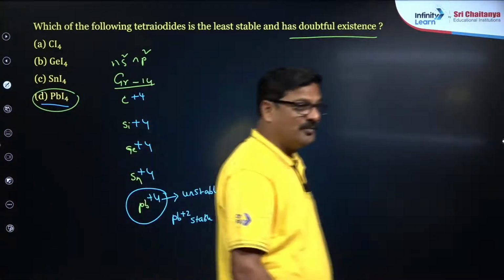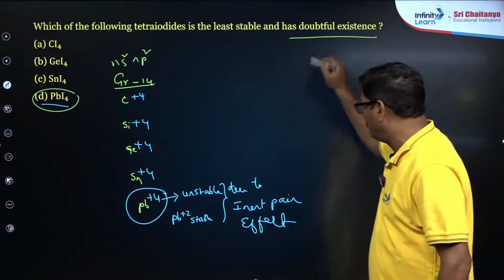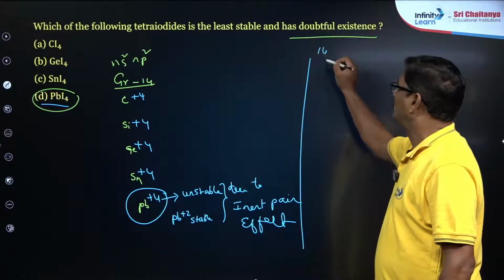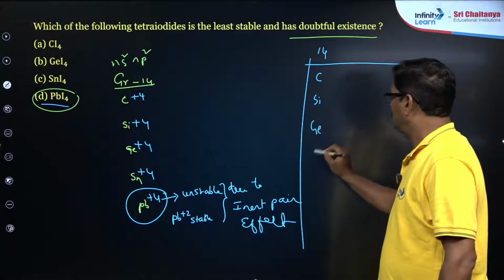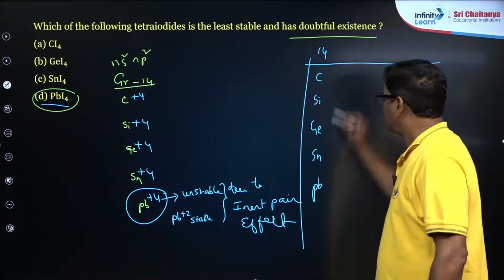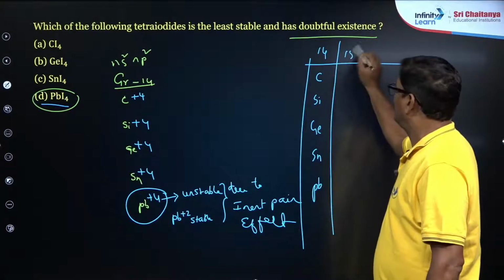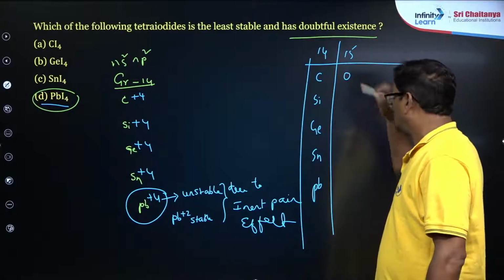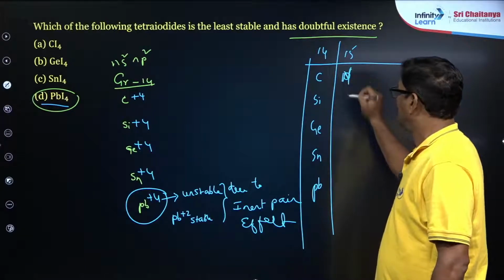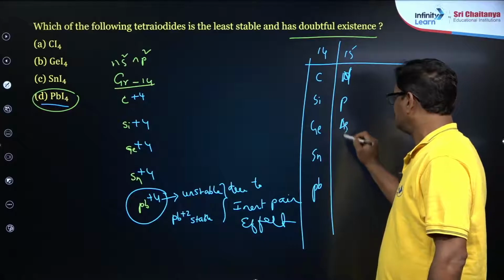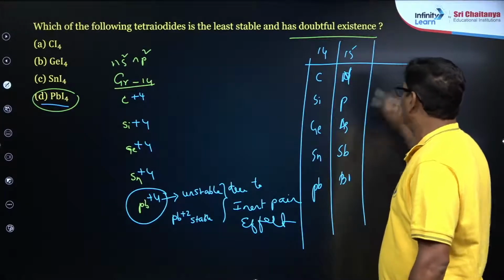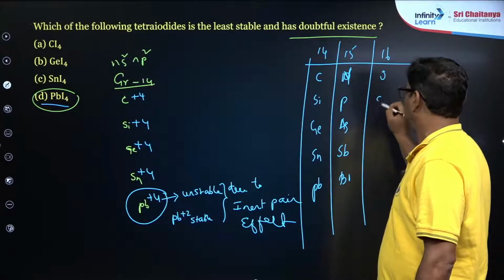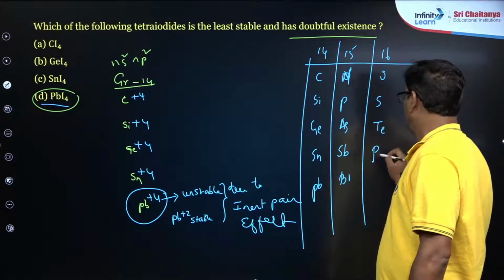So in group 14 you have carbon, silicon, germanium, tin, lead. Group 15 you are going to get nitrogen, phosphorus, arsenic, antimony, bismuth. And group 16: oxygen, sulfur, tellurium, polonium.